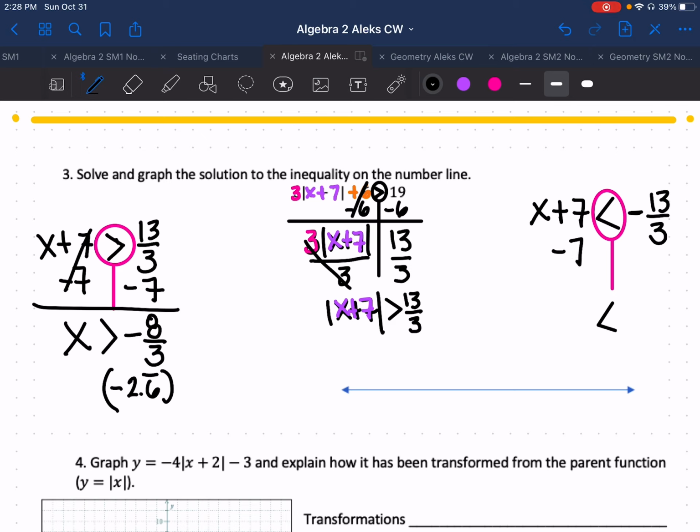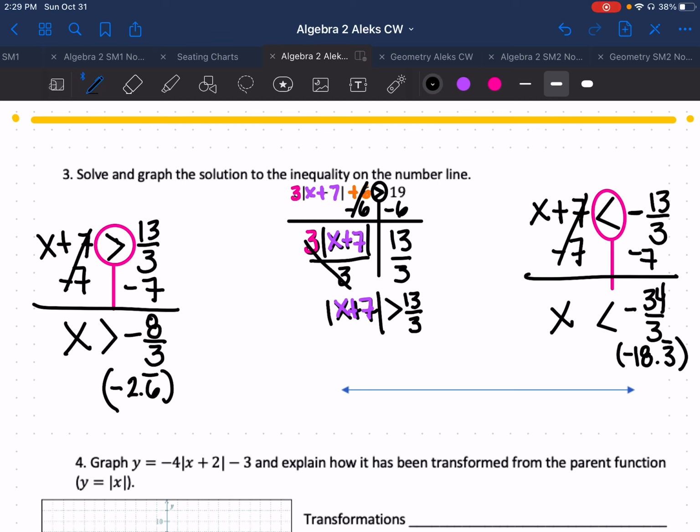I'm going to go ahead and subtract my 7. And once again, I used my calculator because it's a negative fraction minus a whole number. And I had to make sure that my head was thinking properly. I got negative 34 over 3. And once again, I put it into a decimal so that I could graph it easier. There we go. There's the two numbers that I should see.